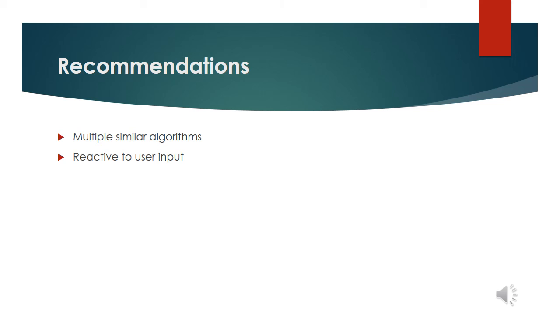Recommendations. The strategy design pattern is meant for programs where you need to choose from a set of different algorithms based on the input provided by the user at runtime. It is most useful when the behavior of your program needs to be reactive to the input provided to it.